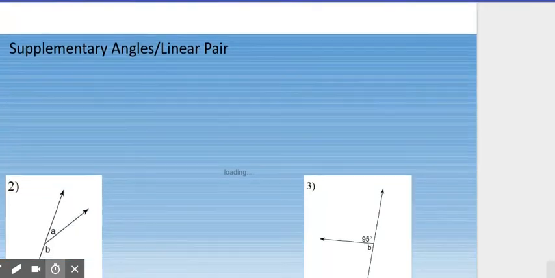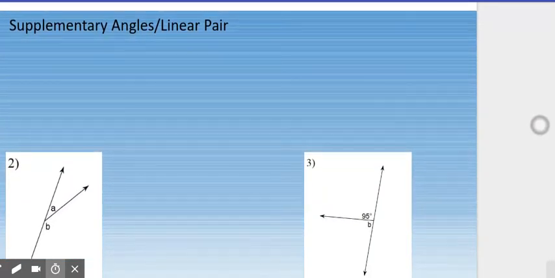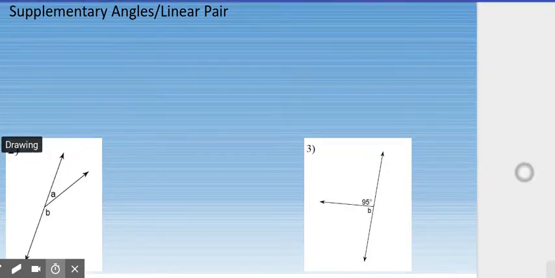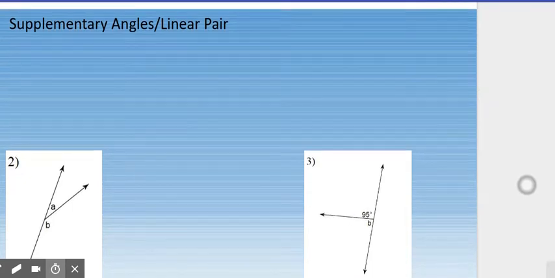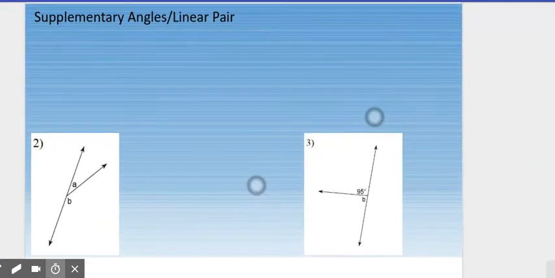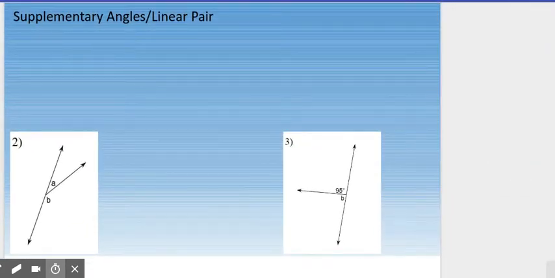All right, our next one that we want to talk about is a linear pair, or what we will call supplementary angles. Now with this particular one, let's first talk about the linear pair part. And really, guys, these two words, supplementary angles and linear pair, they kind of go hand in hand. They're really the same thing. It's just a little bit different terminology.